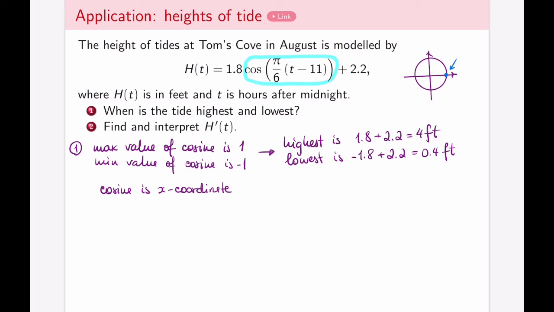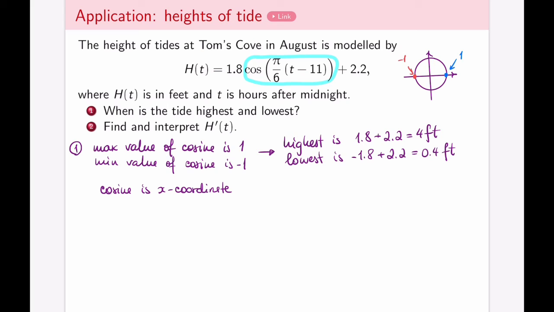Whereas the lowest that it can ever be is going to be at this point right here. This is the value of 1, which will produce the highest tide. This is the value of -1, which will produce the lowest tide.